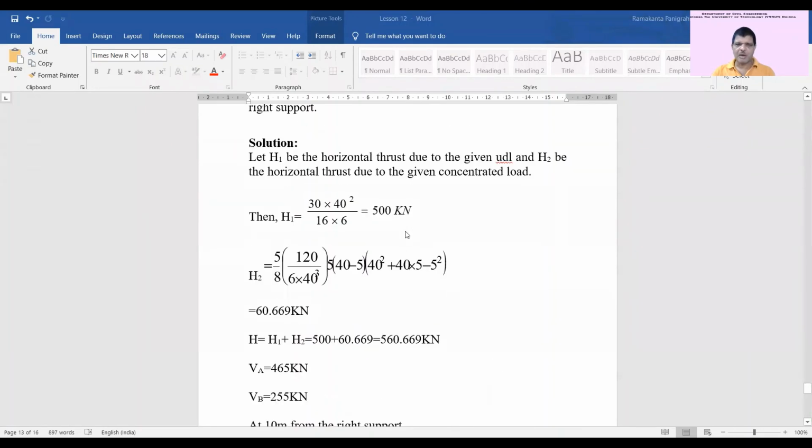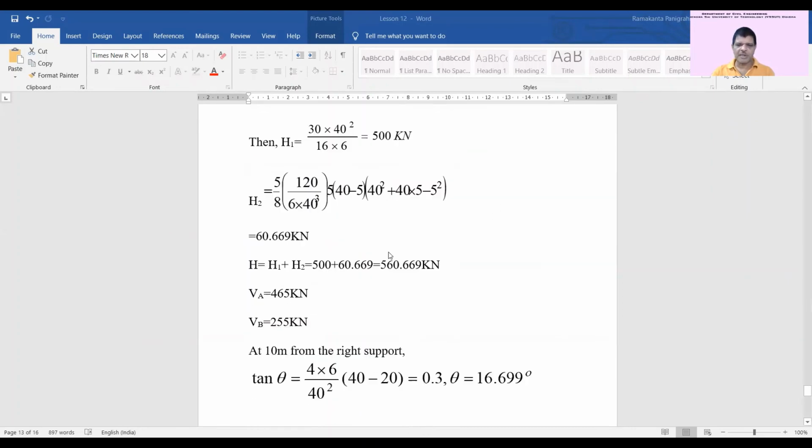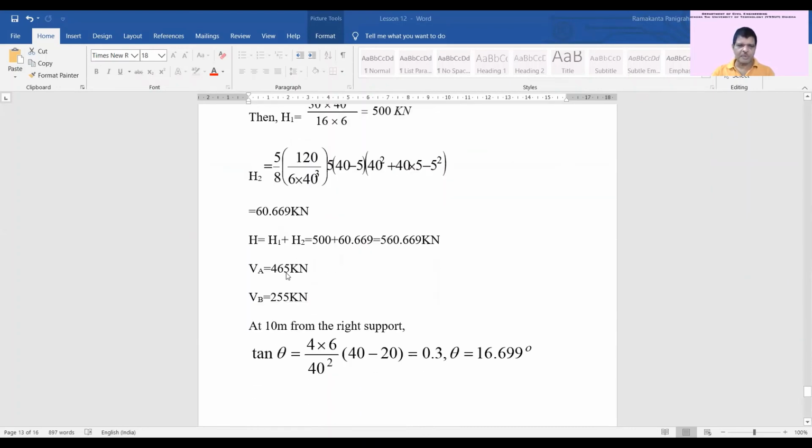VA plus VB comes out to be the total load, 30 into 40 plus 120, so 720. So by putting sigma V equal to 0, VA plus VB will be equal to 720 kilonewton.